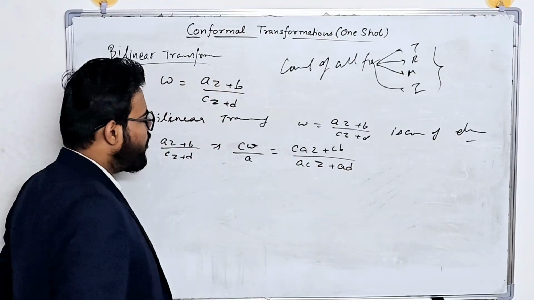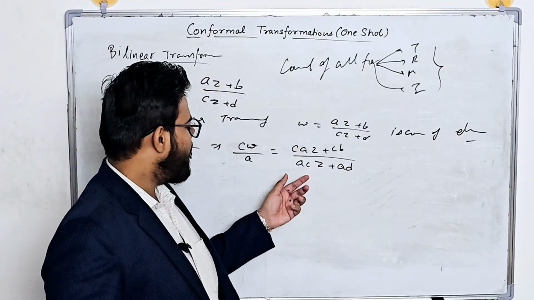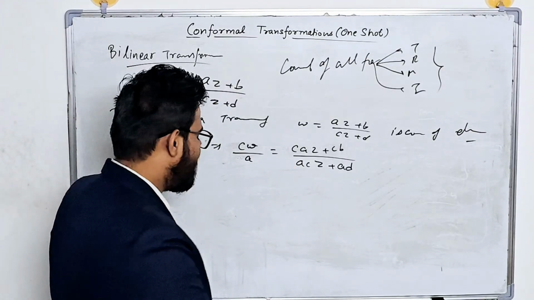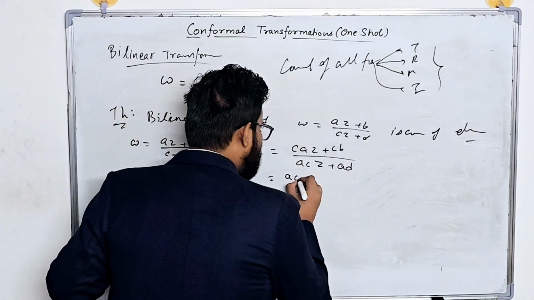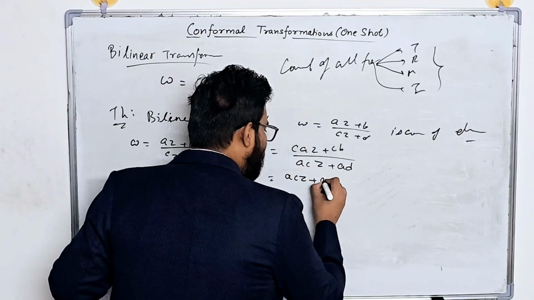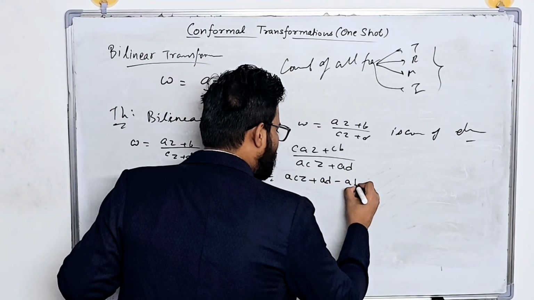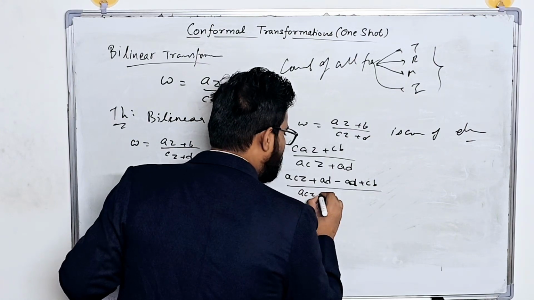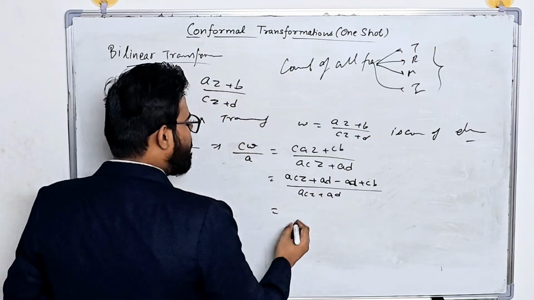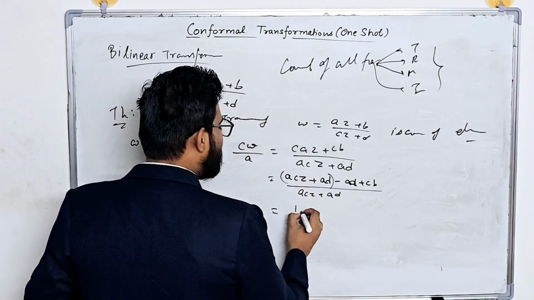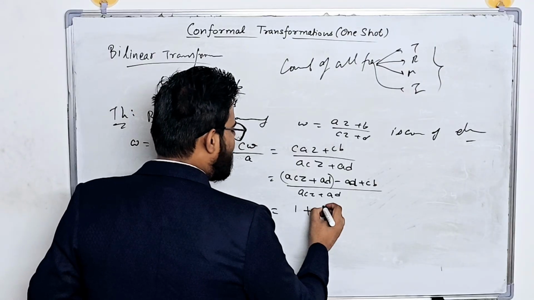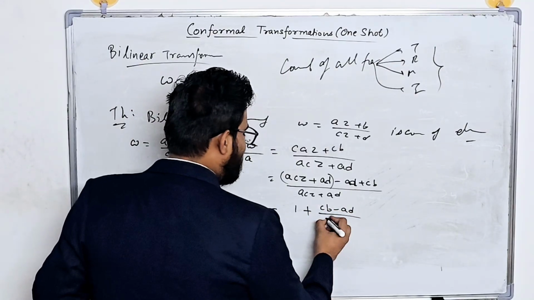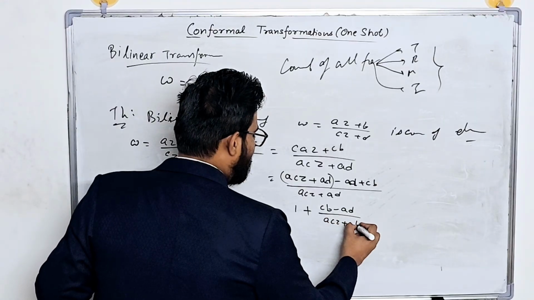Now we can arrange it a bit and solve it. We write (acz plus ad minus ad plus cb) divided by the quantity (acz plus ad). So it will become 1 plus the quantity (cb minus ad) divided by the quantity (acz plus ad).